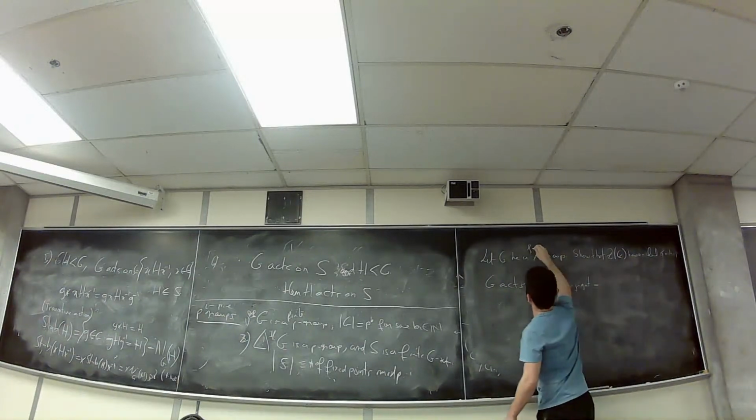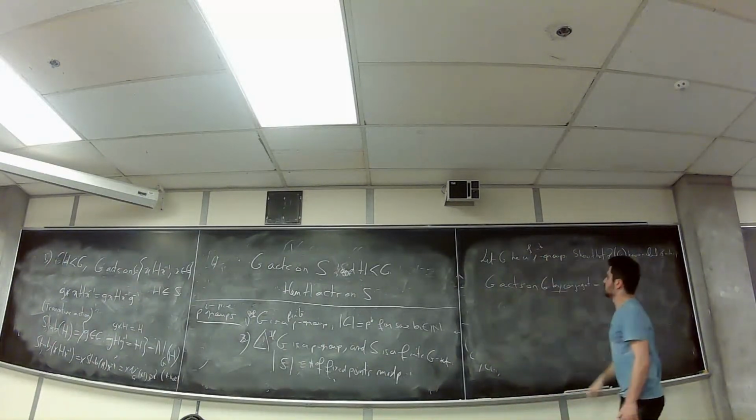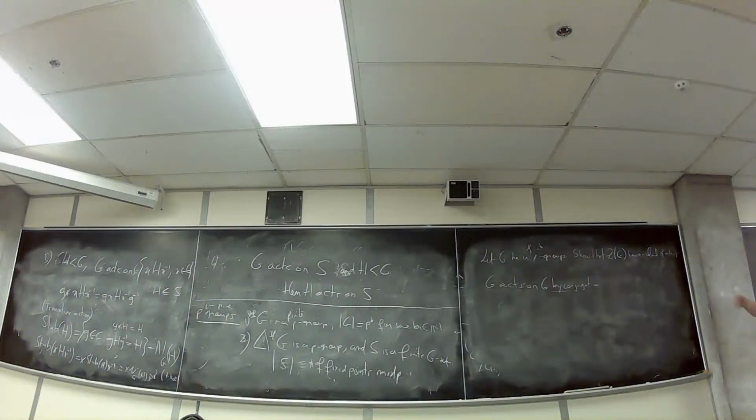Where's finite? Finite P groups. What is the set of fixed points of this action? What is the set of fixed points of G acting on G by conjugation? Everybody, what is the set of fixed points of this action? Two pages before. For all G in G, X is fixed if and only if X belongs to ZG, right?